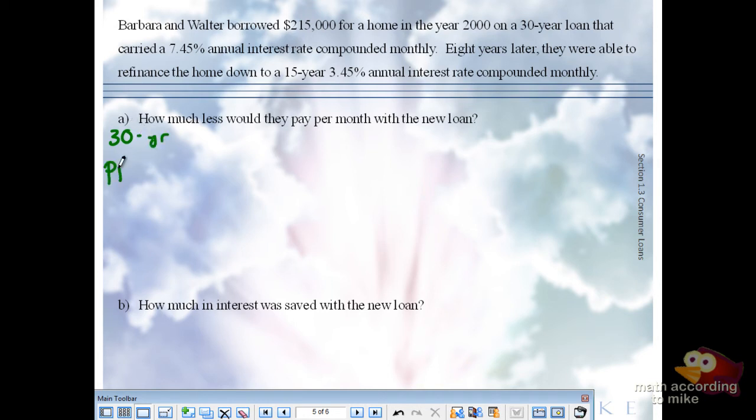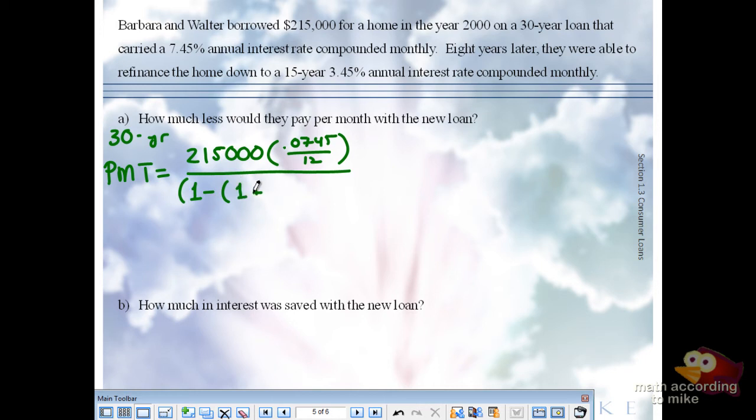So we're going to do PMT is equal to, the loan amount is $215,000. The interest rate at this time was 0.0745, monthly. And this was for 30 years.